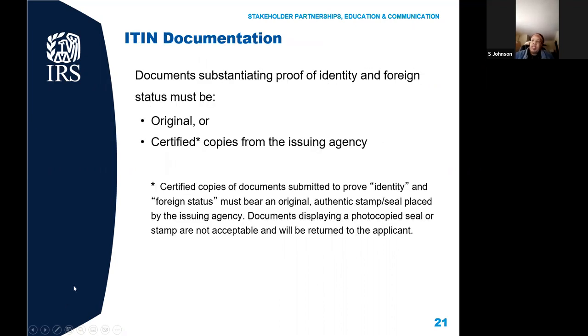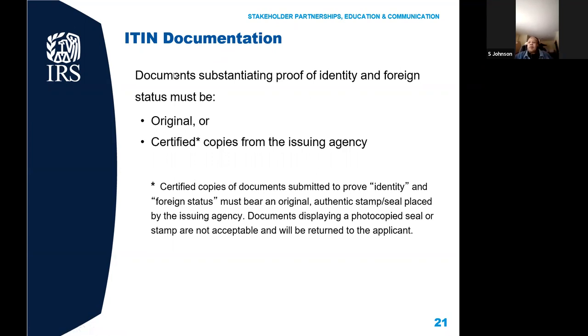As we continue on, let's talk about the documents substantiating proof of identity and foreign status. They must be original or certified copies from the issuing agency. We do not accept notarized copies, except in the case of a military person, but it has to be either an original document or a certified copy from the issuing agency.